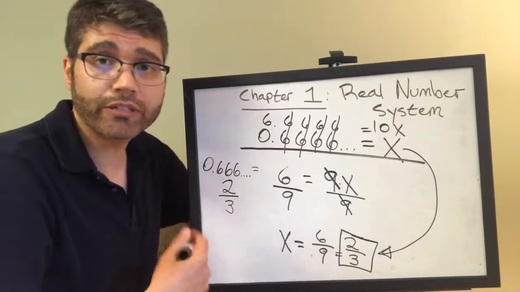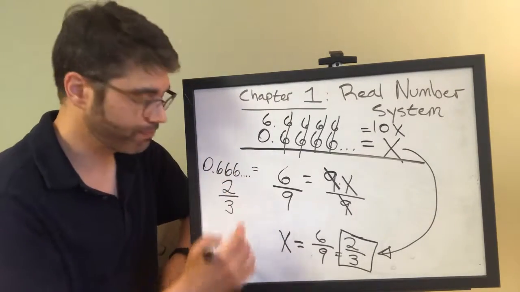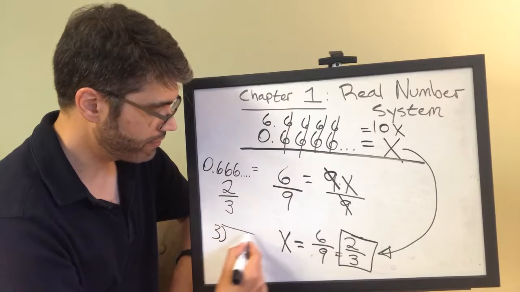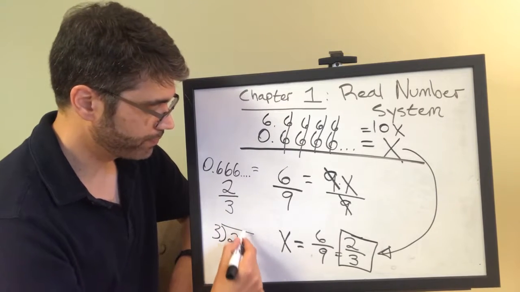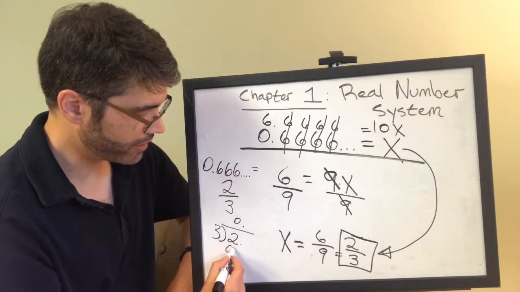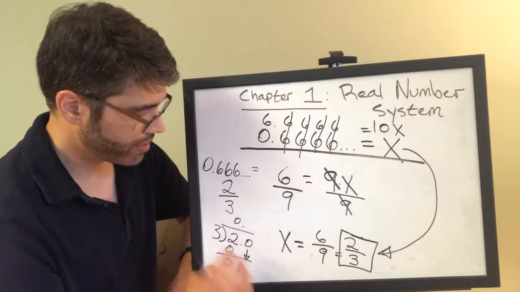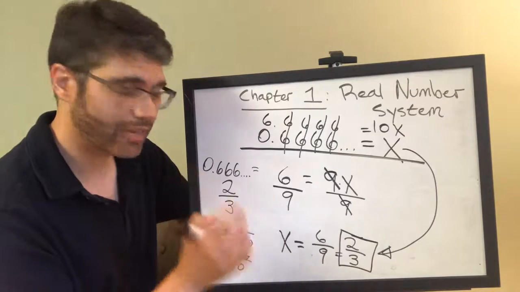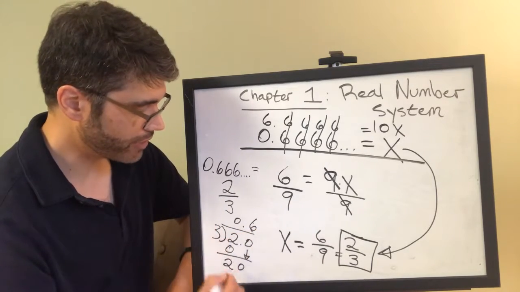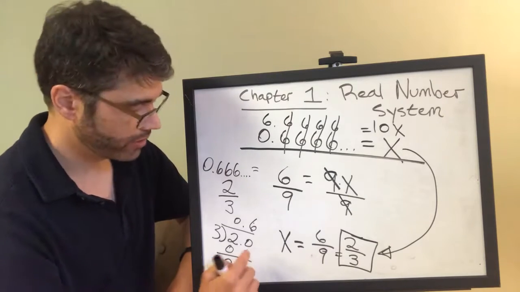If you wanted to prove it another way, you could divide 3 back into 2, and you would get, if you divided 3 into 2, 3 goes into 2 0 times. 0 times 3 is 0. Bring down this 0. 3 goes into 20 6 times. 6 times 3 is 18. 20 minus 18 is 2.